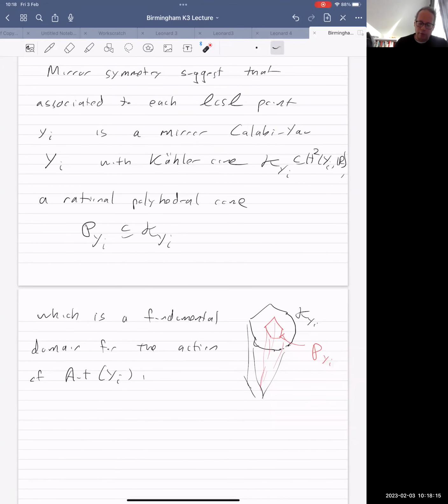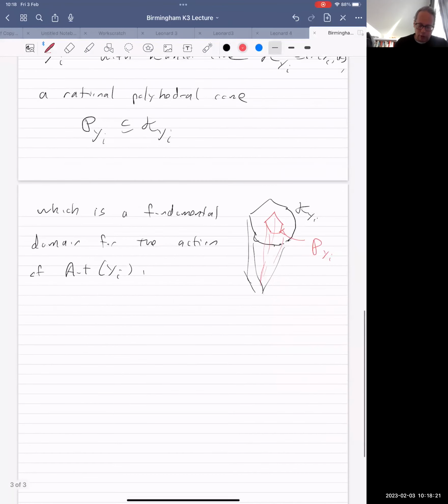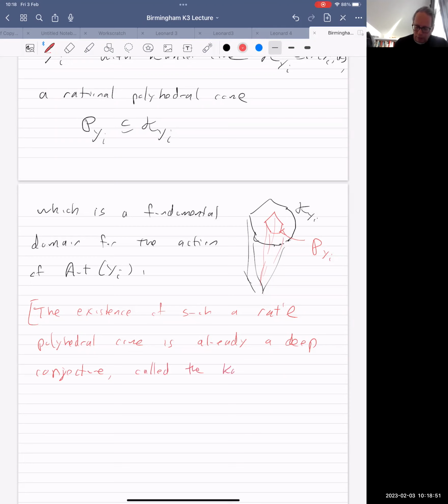So the statement that you can find such a rational topological cone is already a deep conjecture, called these days the Kawamata-Morrison cone conjecture.